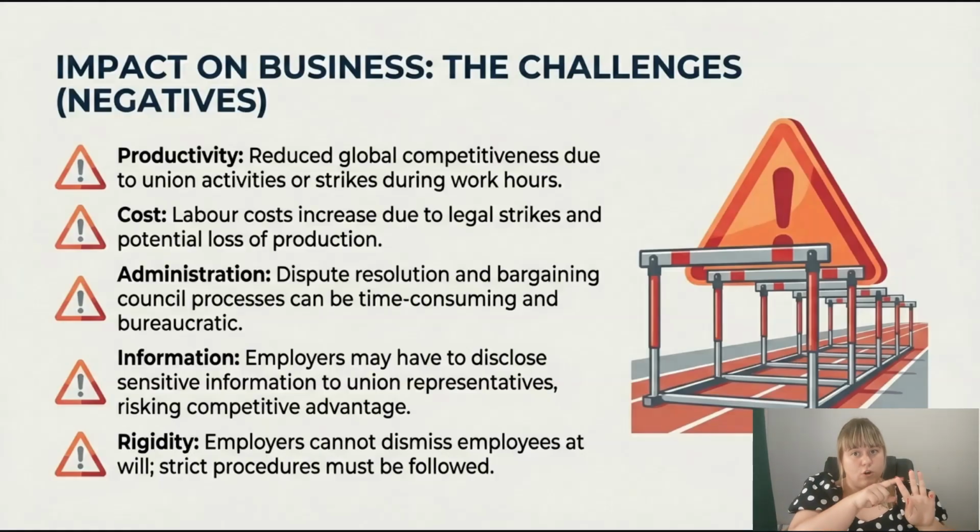So late coming, verbal warning, they do it again, written warning, and another written warning. Only after that can you look at dismissing the employee. But some companies might just want to dismiss them after the verbal warning. That's where the CCMA comes into play. So we need to bear in mind these strict rules and regulations. As much as they are important, they can be seen as negative on the side of the business.